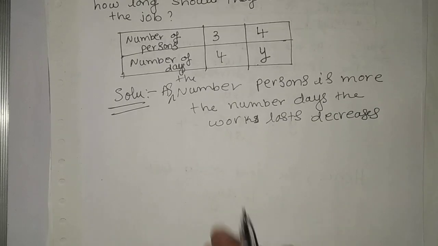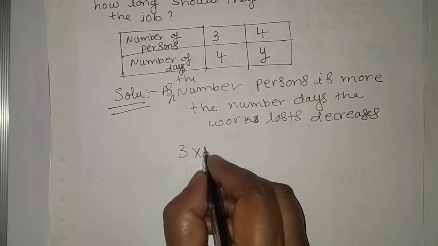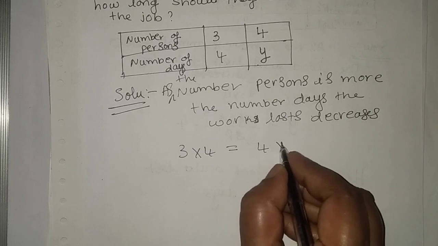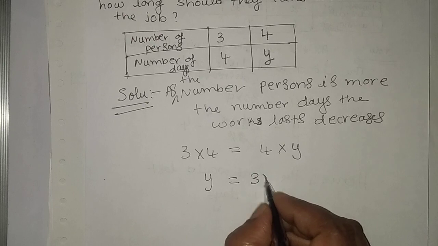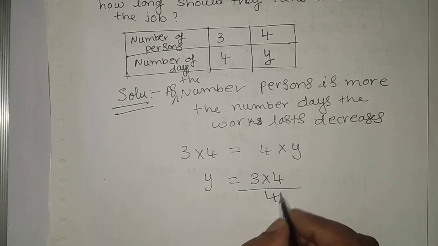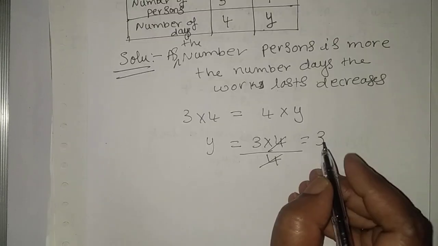So this is the solution. Take the table, 3 into 4 is equal to 4 into y, therefore y is equal to 3 into 4 by 4. 4 cancels, then 3.